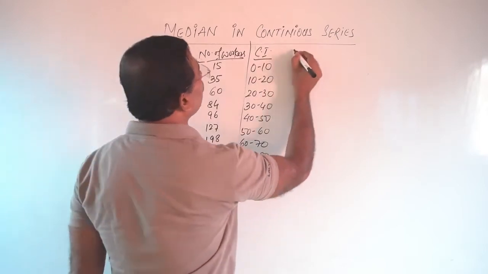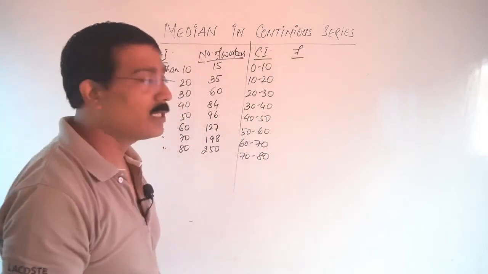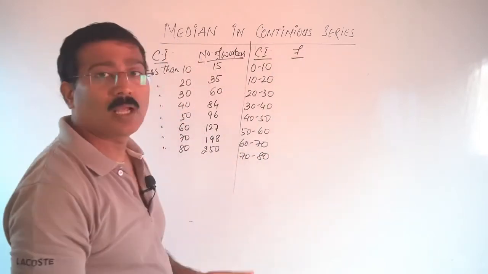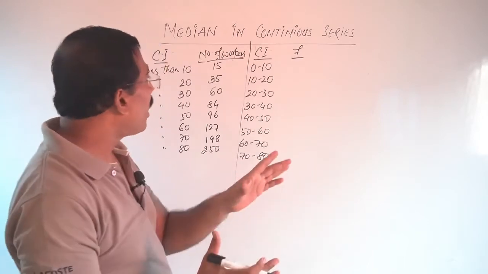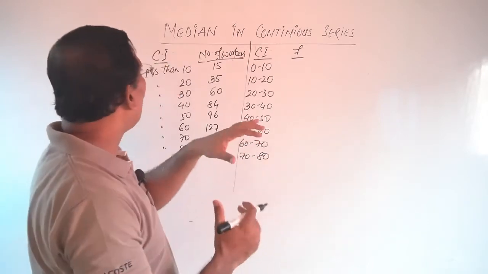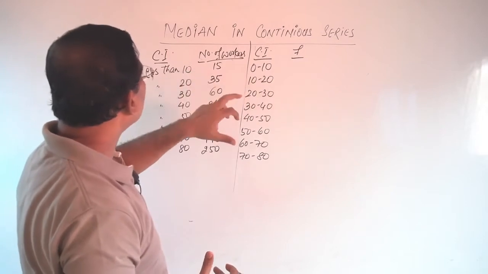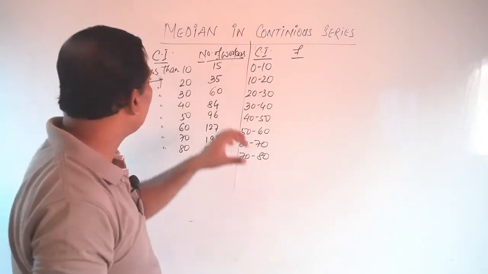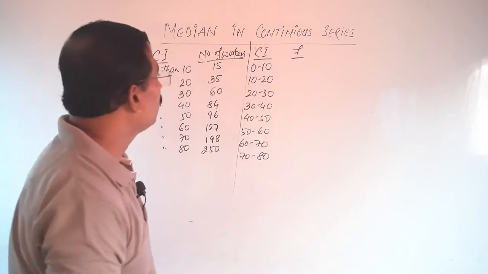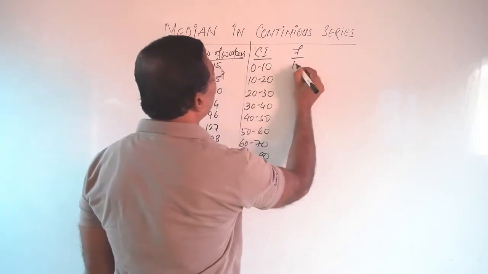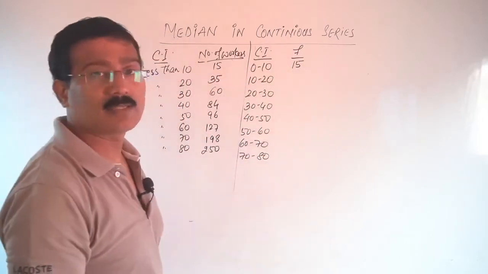Next thing is frequency. How will you calculate frequency? Less than 10: how many students scored marks less than 10, or how many workers earn salary less than 10,000? So here will be 15, only 15 workers are there.